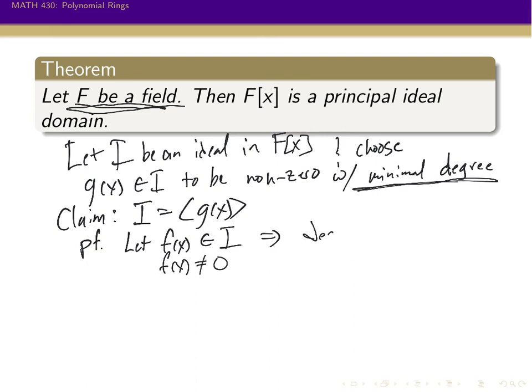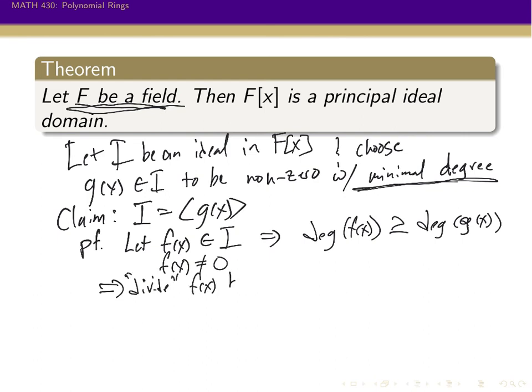Then this means that the degree of f(x) is at least as big as the degree of g(x). We get this because g(x) has minimal degree for elements in here. And so then we can divide f(x) by g(x), and we get that f(x) is equal to g(x) times some q(x) plus r(x).